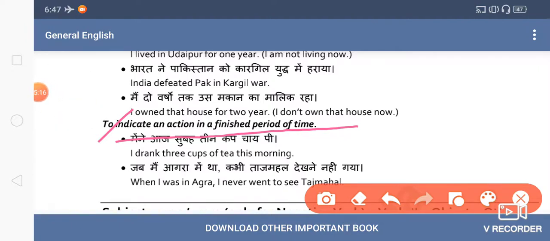Like, when I was in Agra, I never went to see the Taj Mahal. So both of these are actually in indefinite tense. It can be positive or negative; negation or affirmation is common. It indicates any action that finished in some period of time in the past.